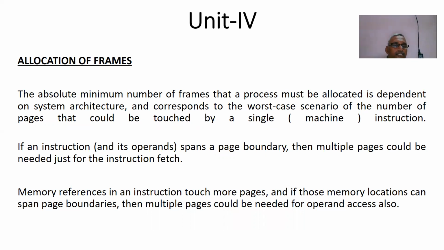If an instruction spans a page boundary, then multiple pages could be needed just for the instruction fetch. Memory references in an instruction touch more pages, and if those memory locations can span page boundaries, then multiple pages could be needed for operand access also. The worst case involves indirect addressing, particularly where multiple levels of indirect addressing are allowed.